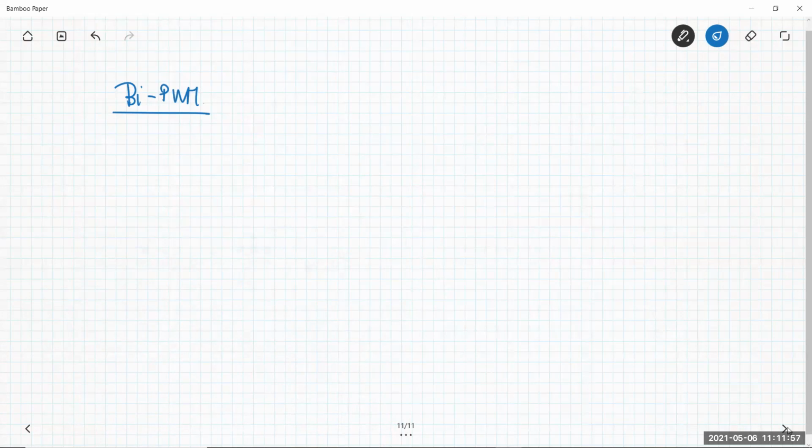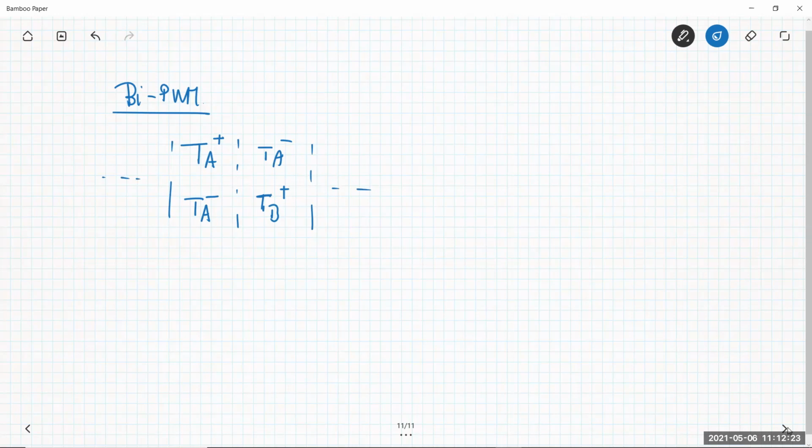According to our description already had for the 4-quadrant DC-DC converter, we get just two different switching actions: TA plus and TB minus on, followed by TA minus and TB plus on, etc. Basically, the two transistors TA plus and TB minus, and TA minus and TB plus, are operated as if they were a single switch.